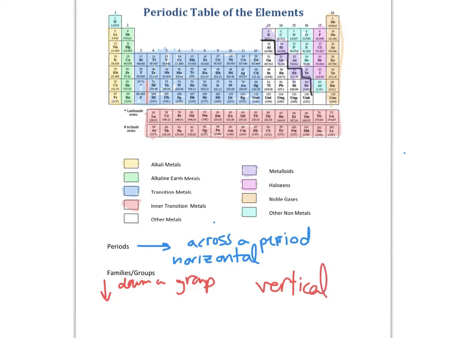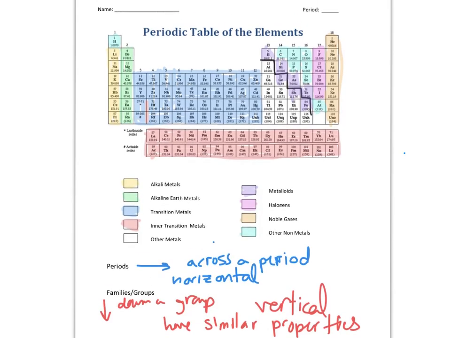On the periodic table, groups or families are the ones that have similar properties. If you think about your family, they have similar traits as you, they look kind of like you, they behave sometimes like you. And so the elements in the same family or group behave similarly.